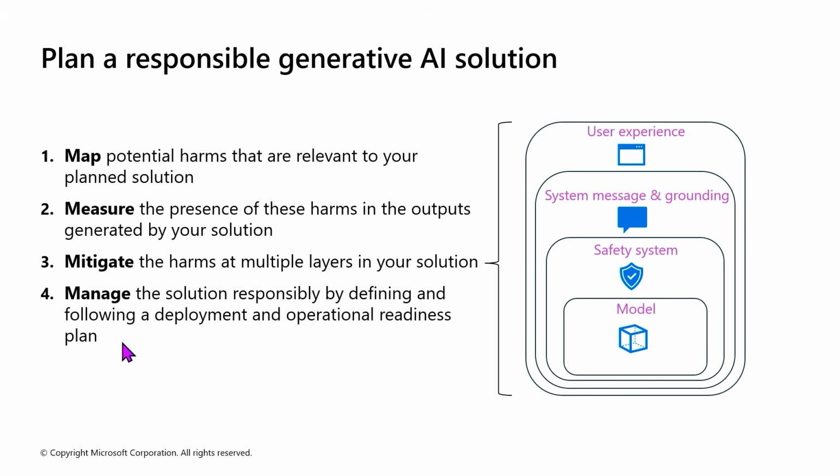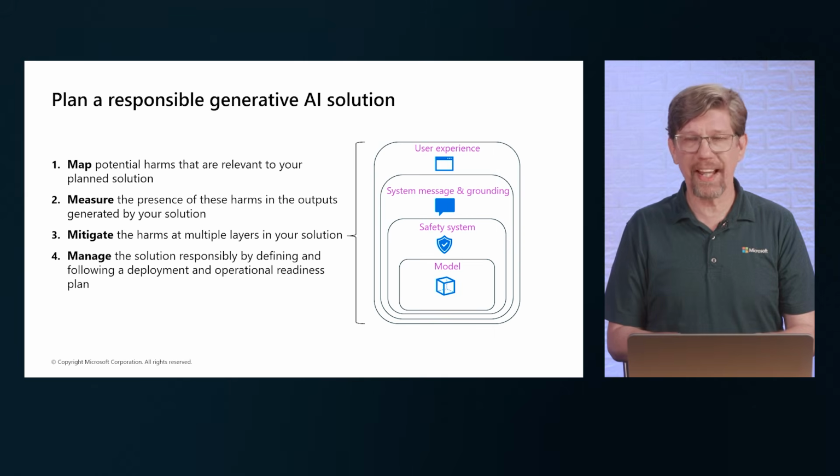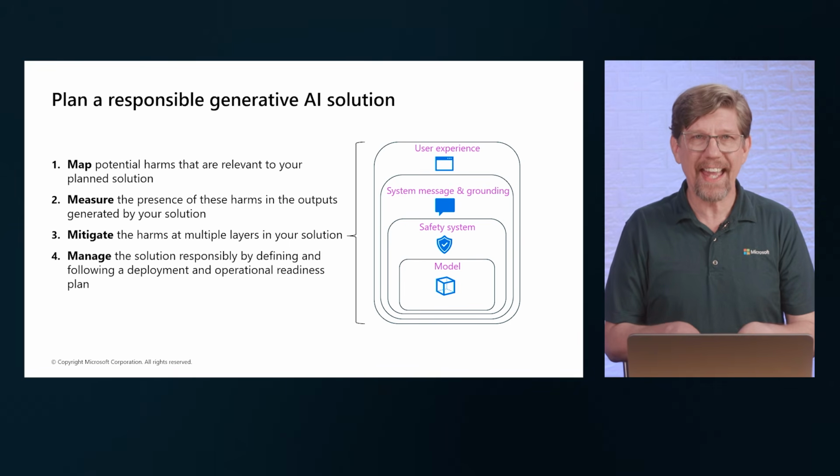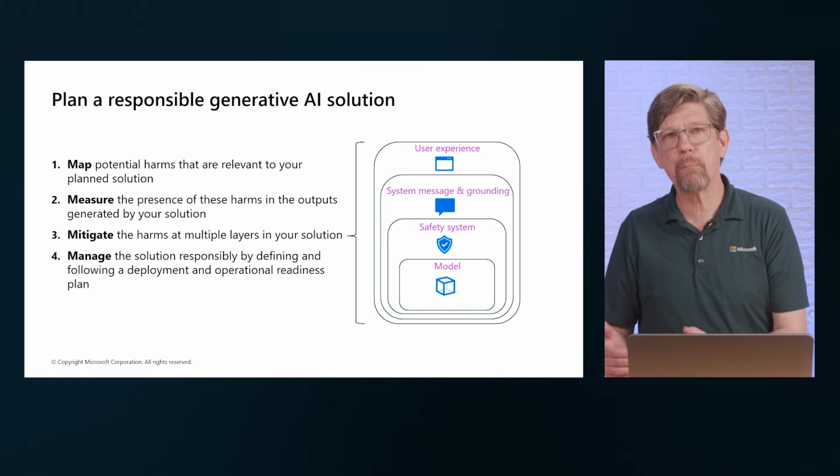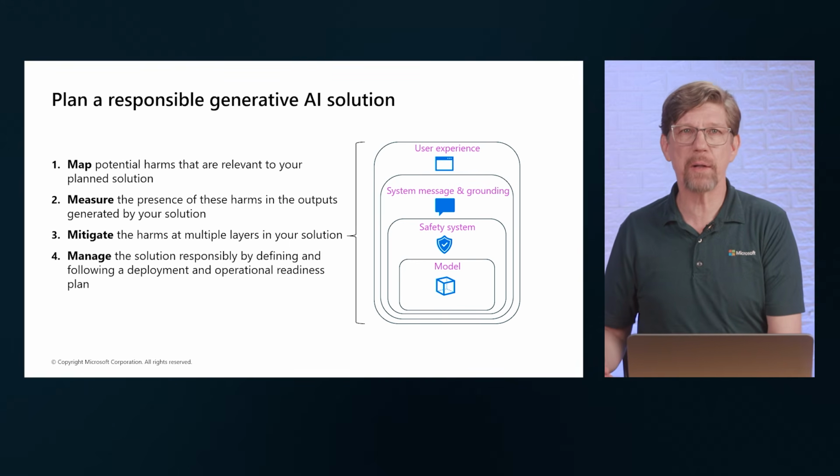Number 4, we've now built the plan, but now we have to deploy, we have to monitor. Part of responsible AI is being accountable for the things that are happening. And accountability comes with us monitoring the ongoing process.